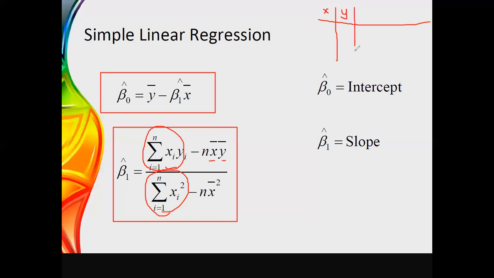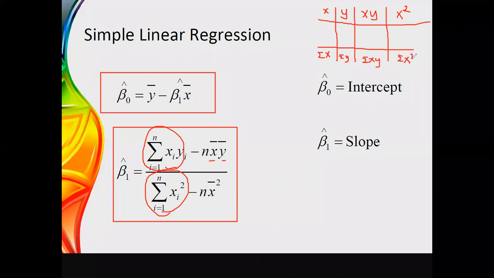And if you need to calculate the regression coefficients, to calculate beta 1 we can see that xy multiplication is needed as well as the x squared term. Therefore, you have to take the summations here. Summation x, summation y, summation of xy, and then summation of x squared are needed.